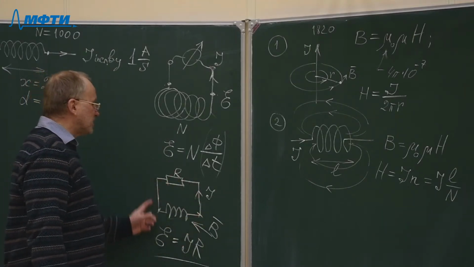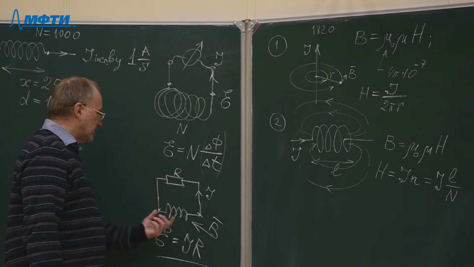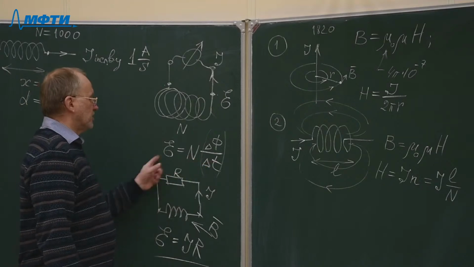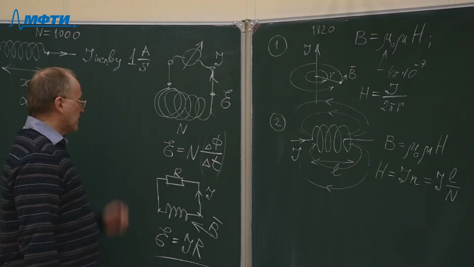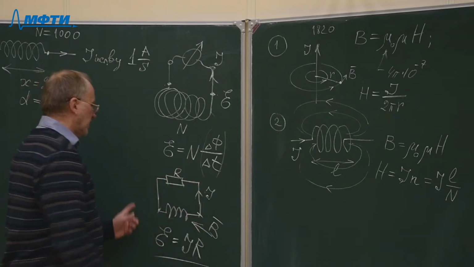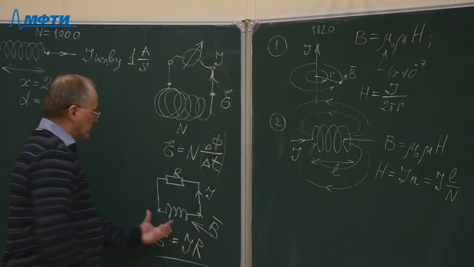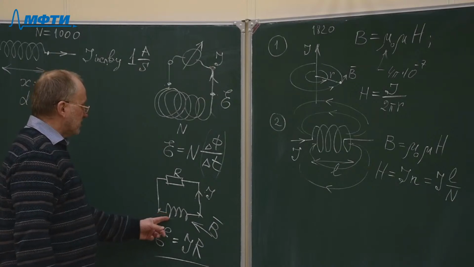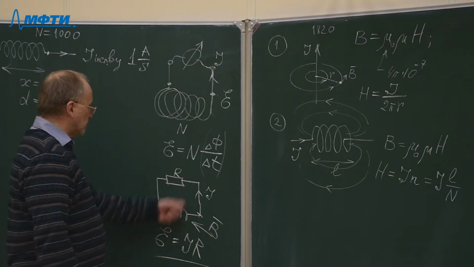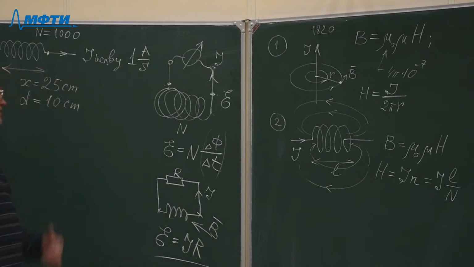If current is increasing, the magnetic field will appear here such as to decrease the current due to the law of electromagnetic induction. And vice versa, if the current is decreasing, the potential difference emerging here will tend to oppose the decrease, that it will tend to increase the current, according to Lenz's law.